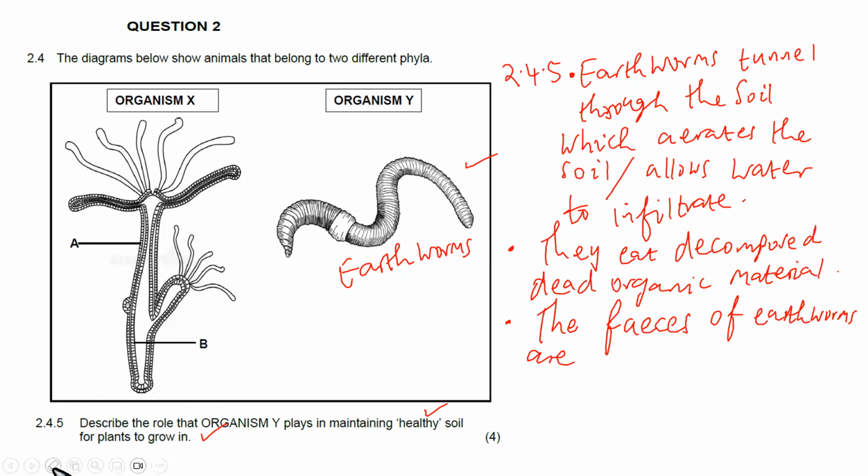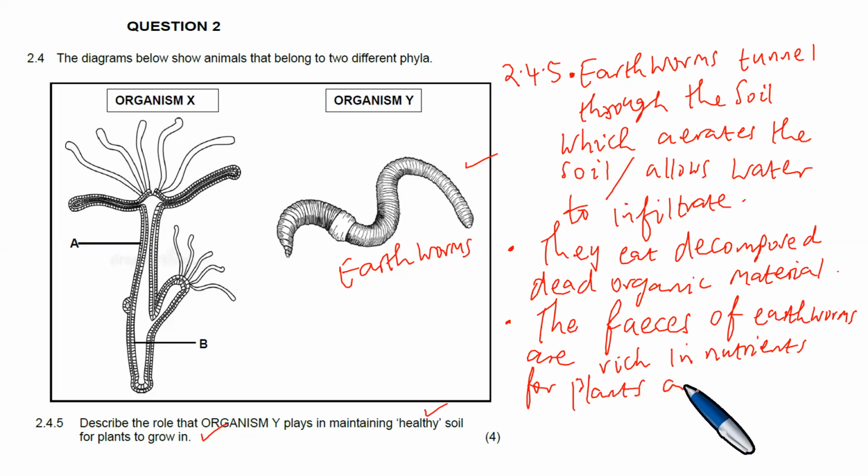If you put a lot of earthworms in your garden, then your trees are going to be green and your vegetables are going to grow and become healthy, because the feces of earthworms are rich in nutrients for plants and enrich the soil.